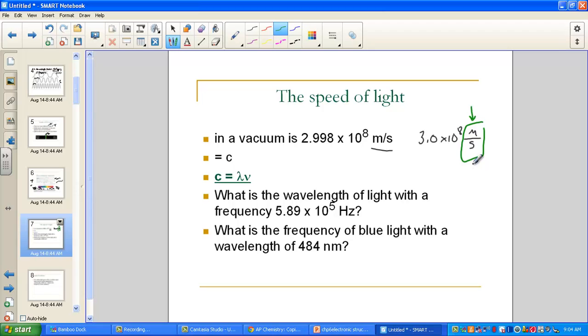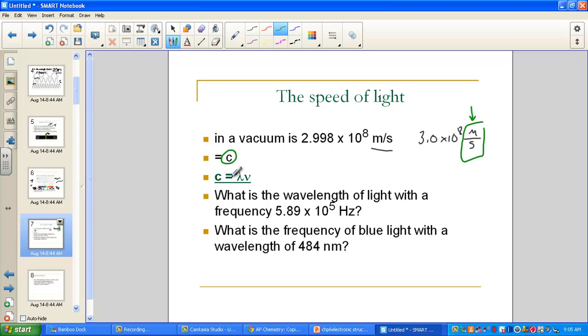It's a velocity. Speed is a velocity, isn't it? How fast is it moving? In every second, it can go 3 times 10 to the 8th meters in a vacuum. In other words, it can't hit anything and change its speed of course. It gets a letter to denote a constant, c for constant speed of light.